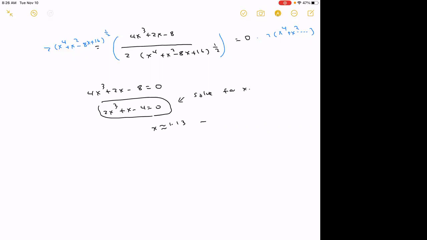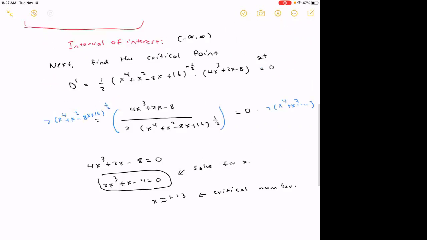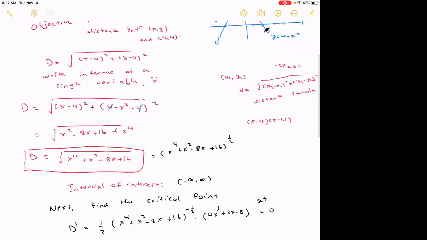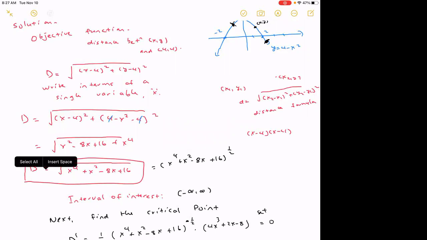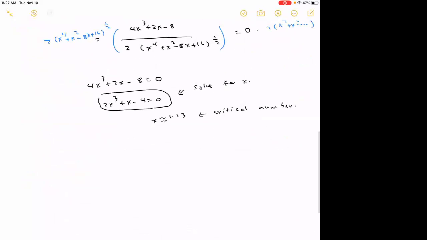Now, how do you know this number minimizes the distance between the point (0, 4) and (x, y)?